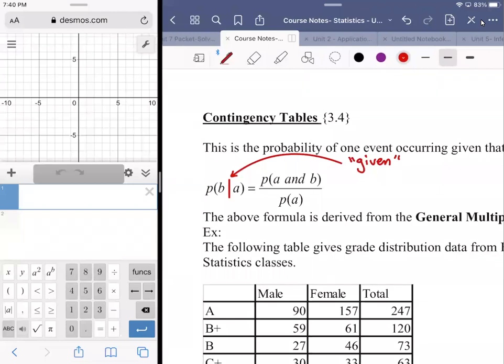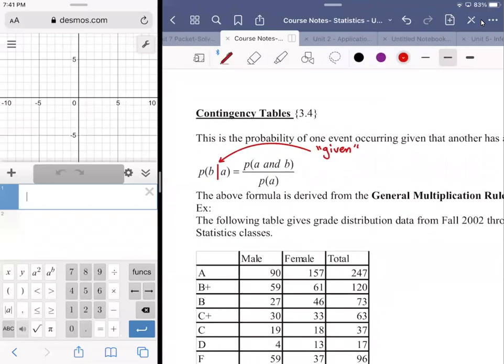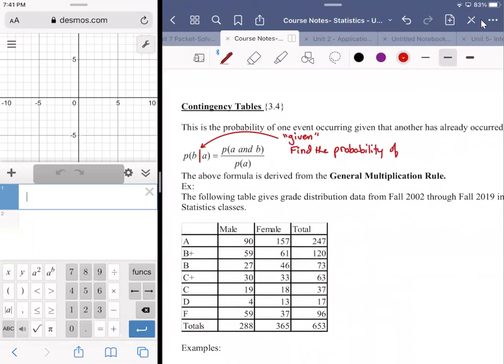So in real terms, or real language, I guess, this is really saying find the probability of getting B, obtaining B, having B successes, whatever it is, but find the probability of B knowing, or given that, A has occurred.